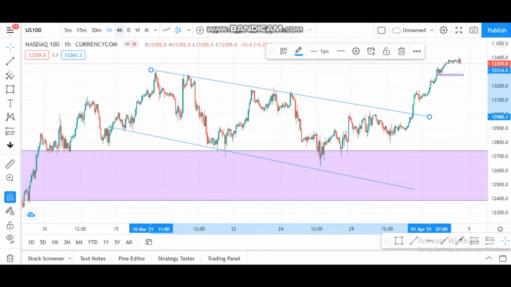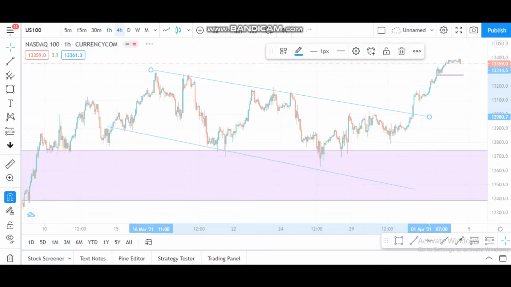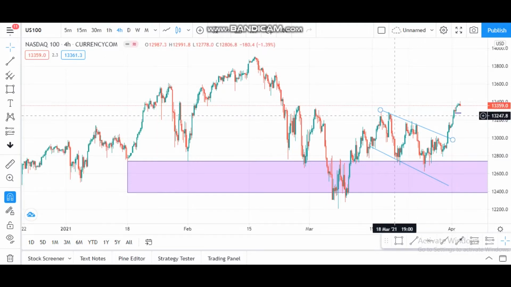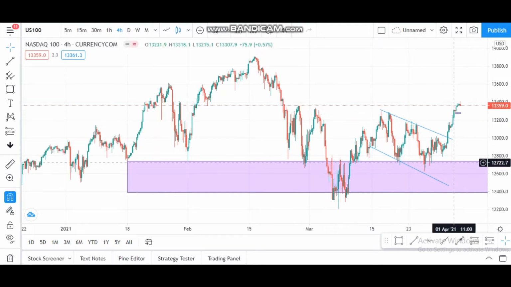If you go to H4, you can clearly see the picture I'm trying to depict in this analysis: we have a descending channel, and the high probability is to break to the upside. So here we are on H4, and this is a nice descending channel, and it breaks to the upside.